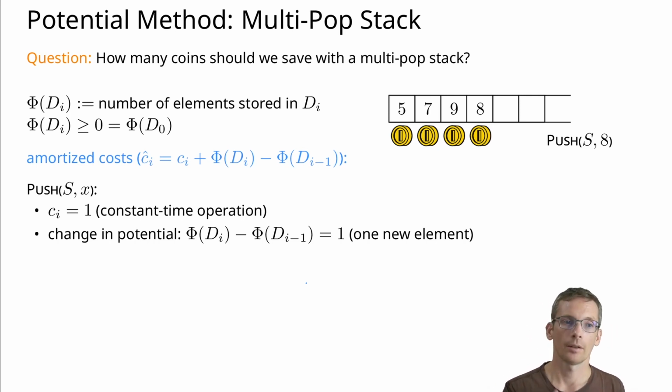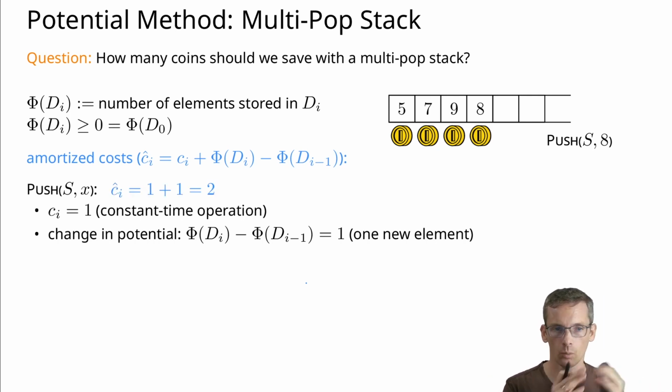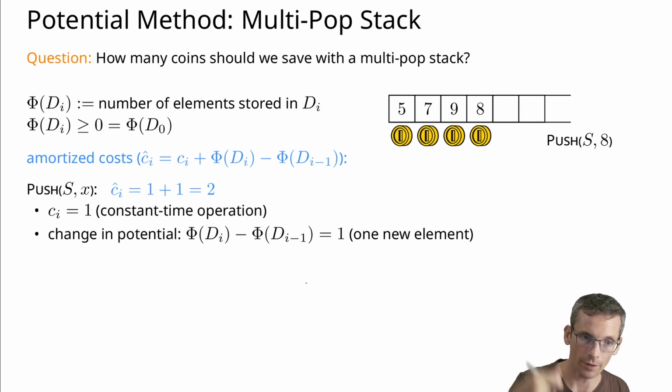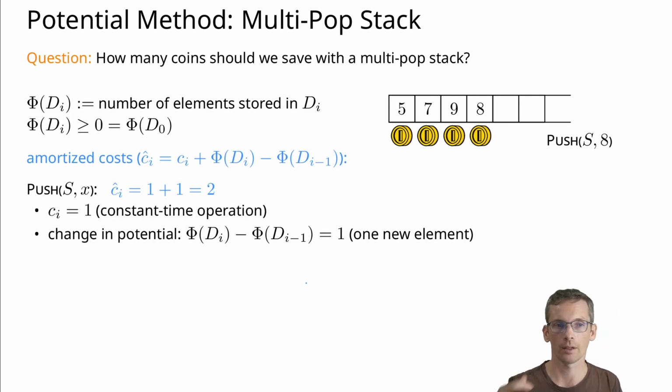Meaning the amortized cost, which is actual cost plus change in potential, is 1 plus 1, which is 2. If you look back at the accounting method, that should not come as a surprise, because there we defined it to be 2. Here we derive it to be 2.